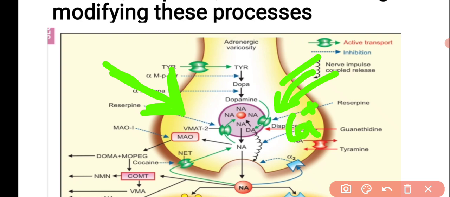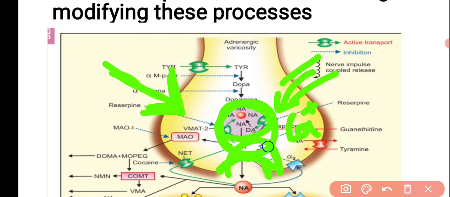This calcium causes the fusion of the vesicular membrane with the neuronal membrane and causes the release of noradrenaline, in response to the action potential, the nerve impulse. This is called nerve impulse coupled release.